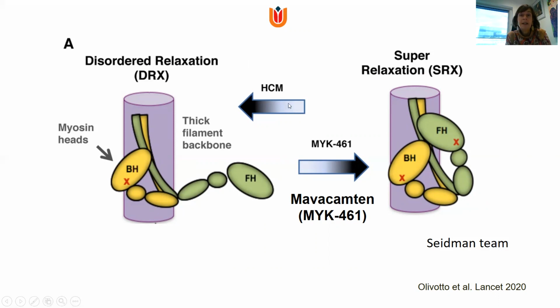So as I indicated, in the hypertrophic cardiomyopathy samples, there's a change from the super relaxed state towards the disordered state. And mavacamten is able to reverse this, or to switch back to the super relaxed state, which is more energy efficient. So less energy is used in this state.